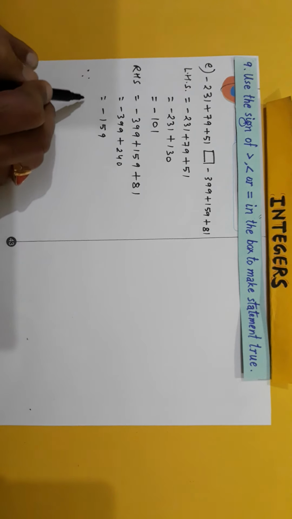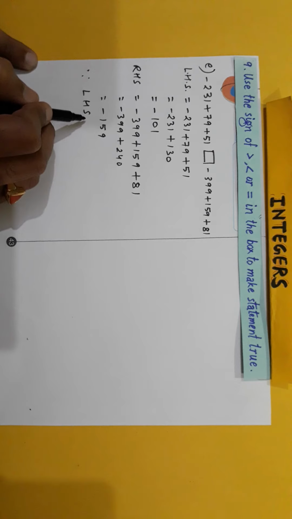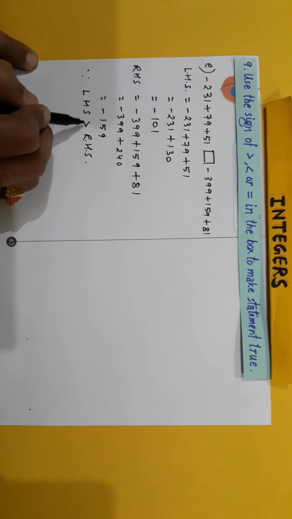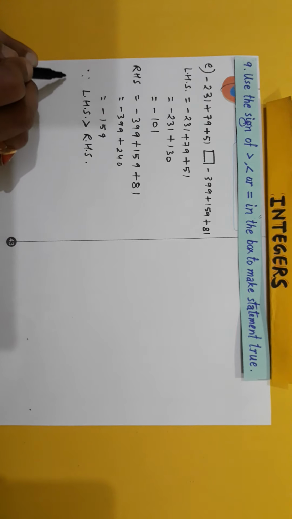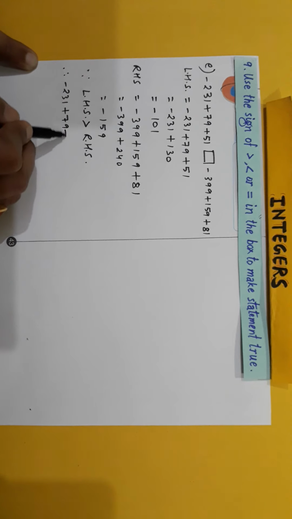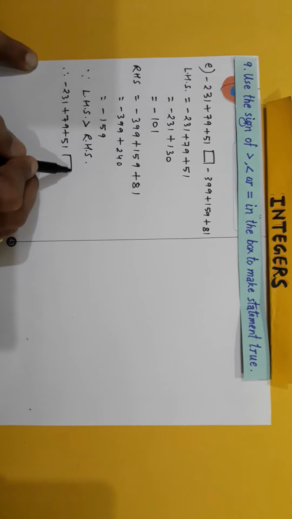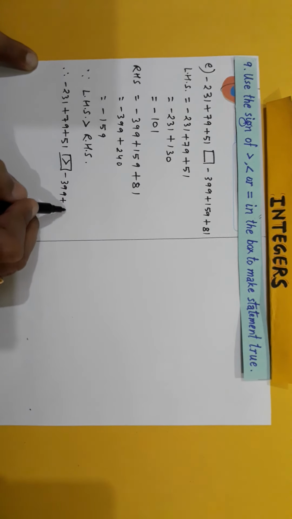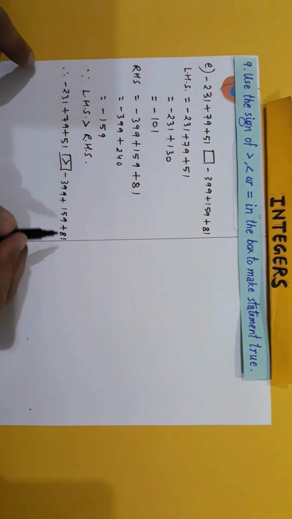Now since LHS is greater than RHS, therefore minus 231 plus 79 plus 51 is greater than minus 399 plus 159 plus 81.